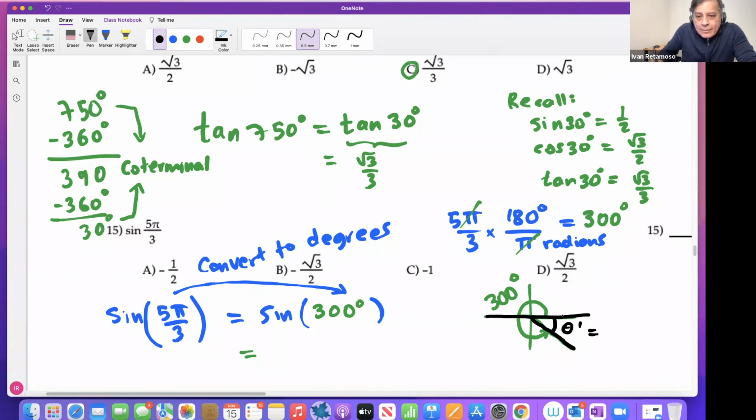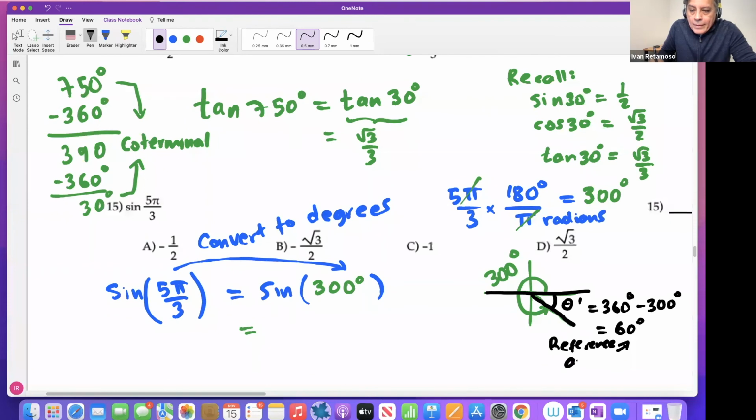It's going to be 360 minus 300, the angle that is given subtracted from 360. But what is that? It's 60 degrees. So 60 degrees is the reference angle. Okay, great. We got the reference angle.